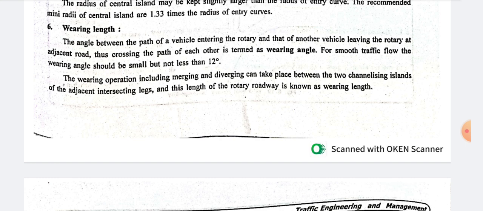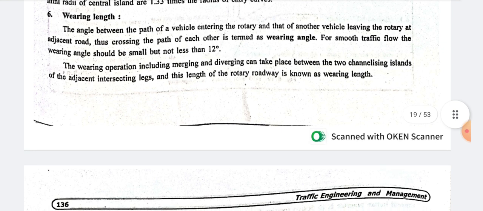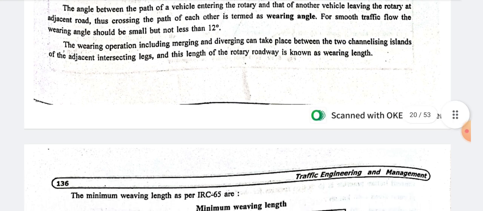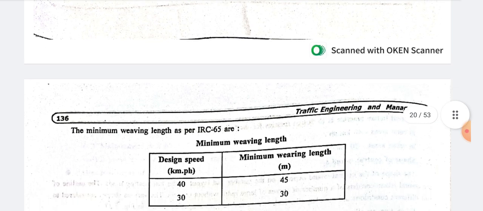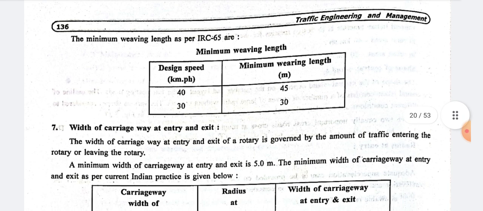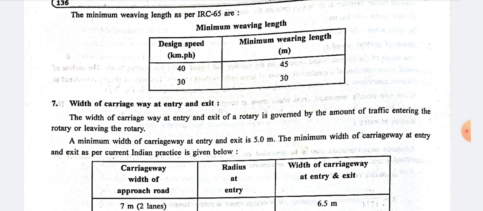For smooth traffic flow, the weaving angle should be small but not less than 12 degrees. The weaving operations, which include merging and diverging, take place between the two channelizing islands of adjacent intersecting legs, and that length of the rotary road is known as the weaving length. The minimum weaving length, as seen in the table, is 45 meters if the design speed is 40 kilometers per hour, and 30 meters if the design speed is 30 kilometers per hour.